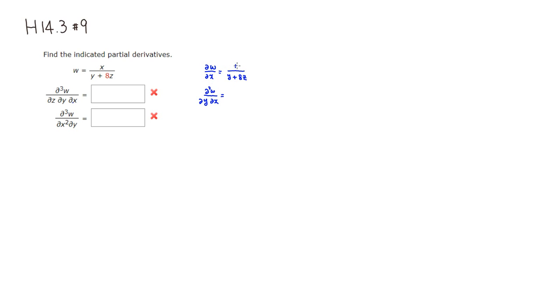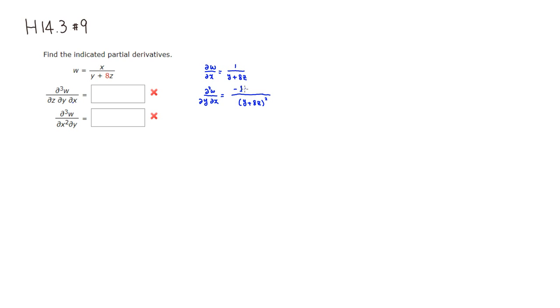So we just have to take the partial derivative of this. I'm going to use the quotient rule here. So we're going to square the bottom, so you have y plus 8z squared. Then if you take the derivative of 1, it's 0, so 0 times the bottom is 0, minus 1 times the derivative of the denominator.